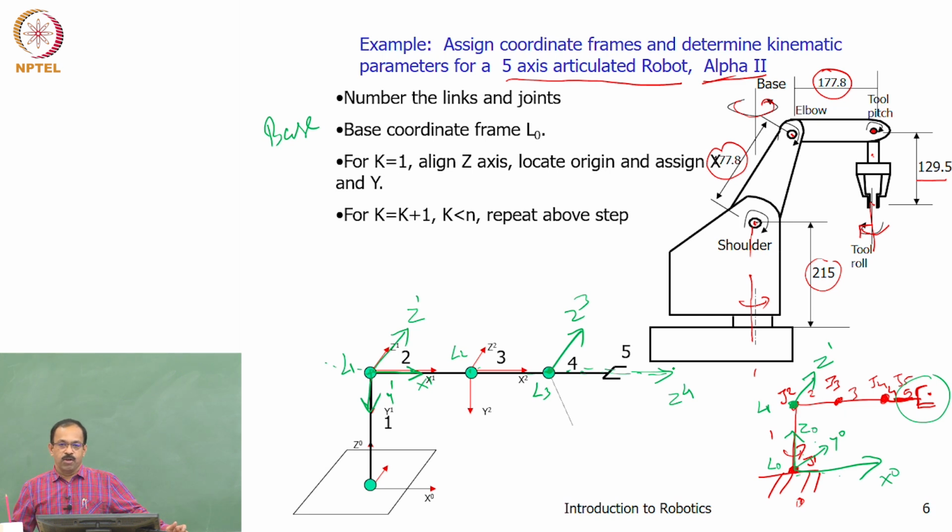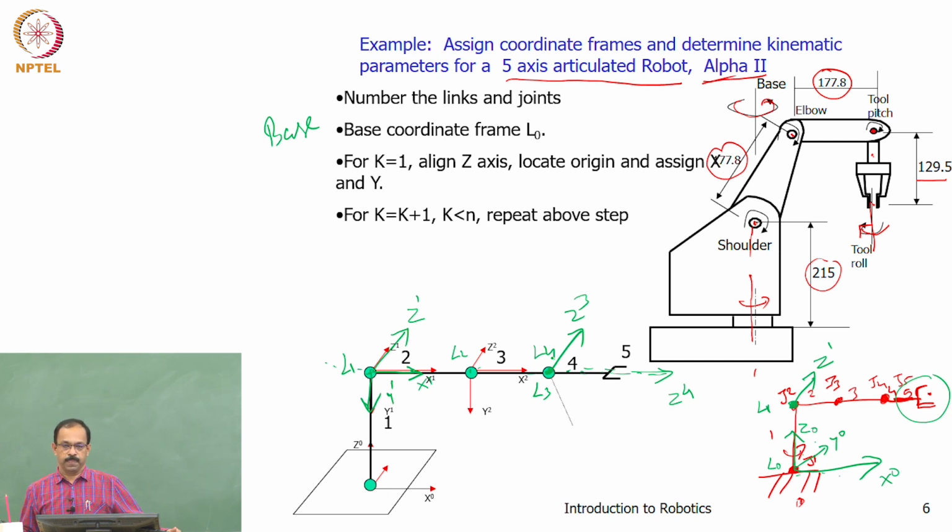Where will be the origin of the frame? Intersection of Z3 and Z4, right? Basically, that is the way how you get the origin. So here Z3 and Z4 are intersecting at this point, right? And therefore, your L4 also should be at the same point.